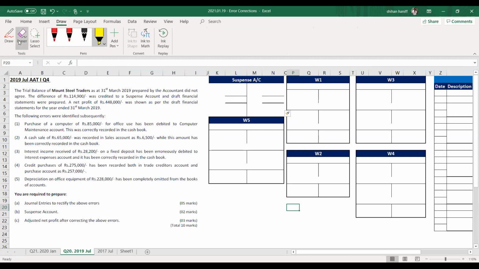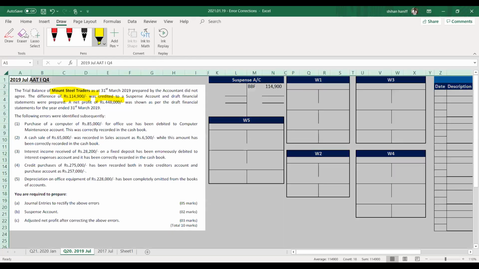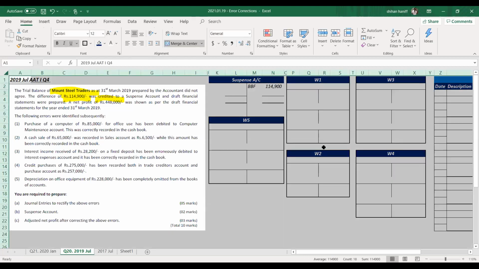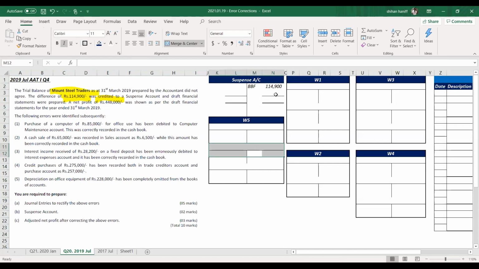The trial balance of Mount Spiel traders as at 31st March 2019 prepared by the accountant did not agree. The difference was 114,900 credited to suspense account. So in the suspense account, opening balance, we credit 114,900.